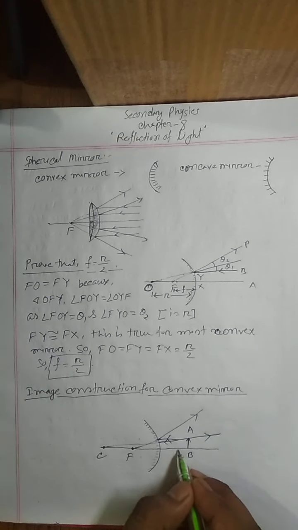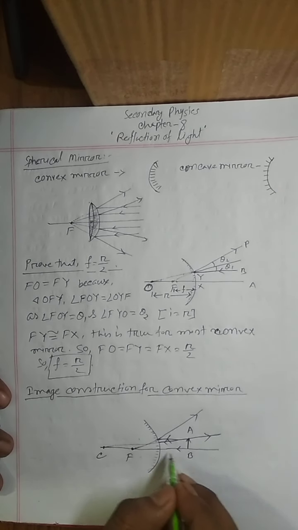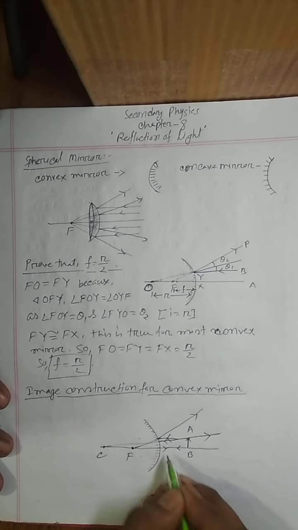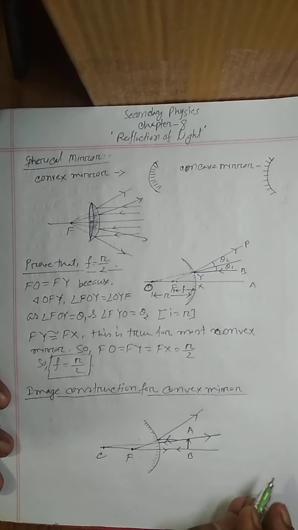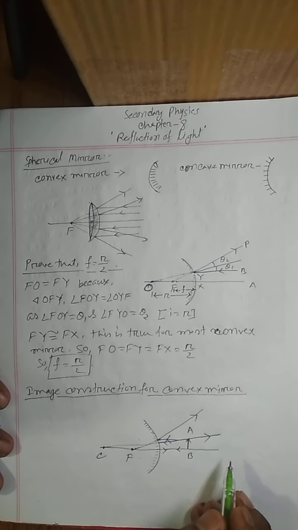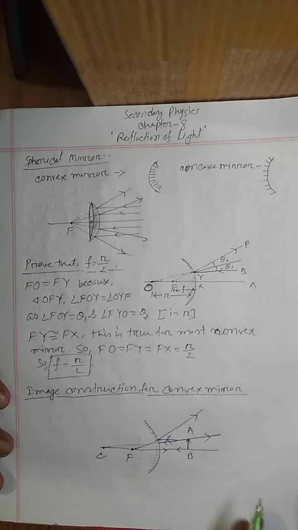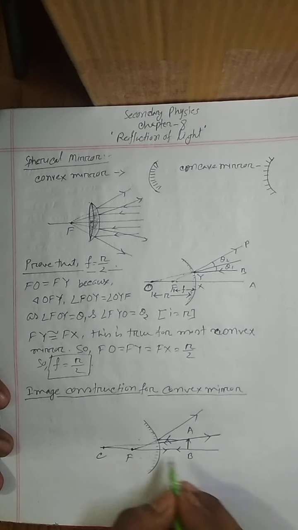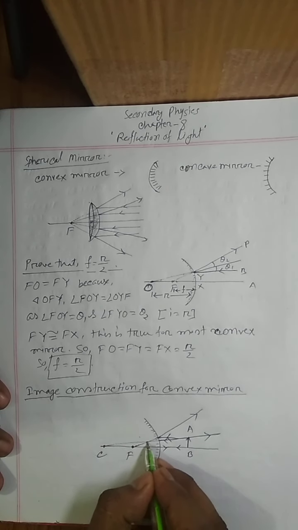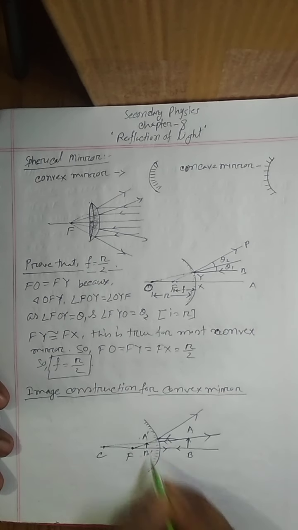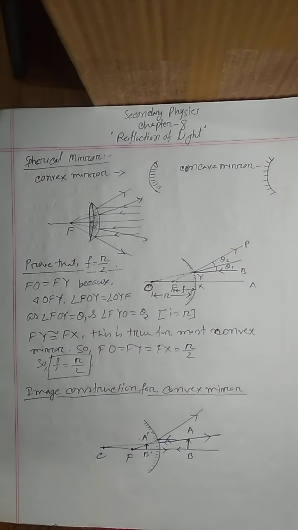The third ray comes from the pole, hits and reflects at the same position in the opposite direction, like the principal axis. So they meet at this point. This is the image of AB.